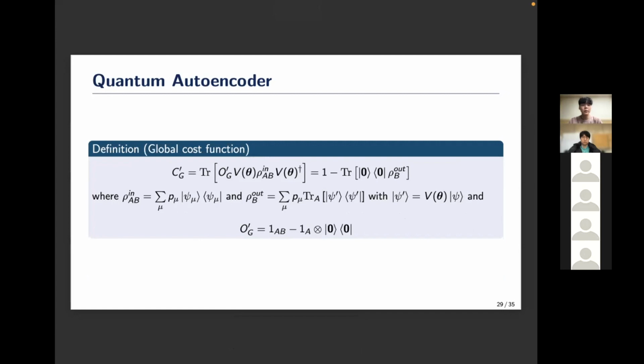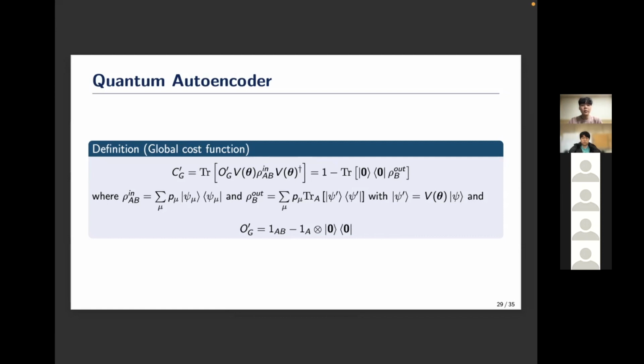Consider a bipartite quantum system AB and let the set of P mu and psi mu be an ensemble of pure states on AB. The goal is to compress the state for the system AB to subsystem A and discard the subsystem B and recover A to AB by applying the inverse operator.